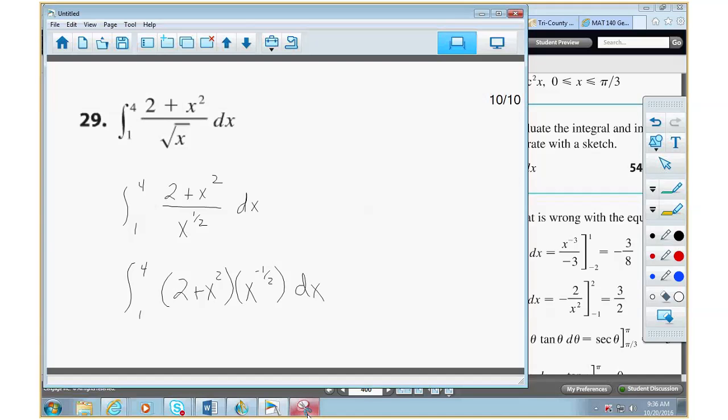And then distribute: antiderivative of 2x to the negative 1/2 plus, well, what's 4 halves minus 1/2? 3 halves. Thank you, class. So now take the antiderivative of that.